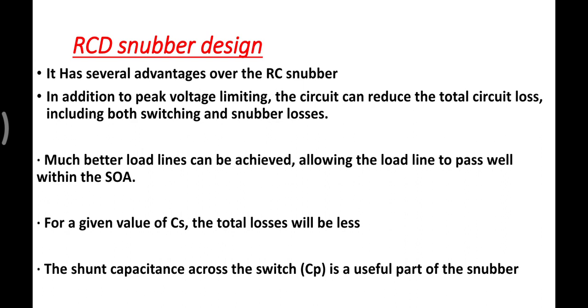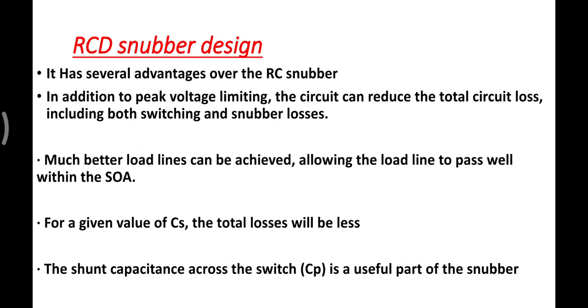There are several advantages of the RCD snubber circuit compared to the RC snubber circuit. Let us see what those advantages are. In addition to limiting the peak voltage, by using this RCD snubber circuit, the circuit can reduce the total circuit losses, including both switching and snubber losses.